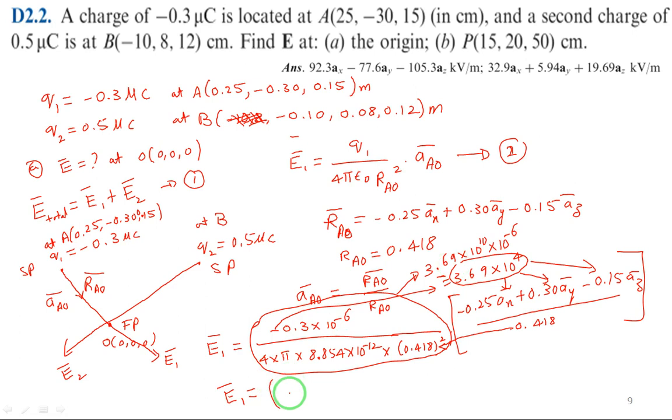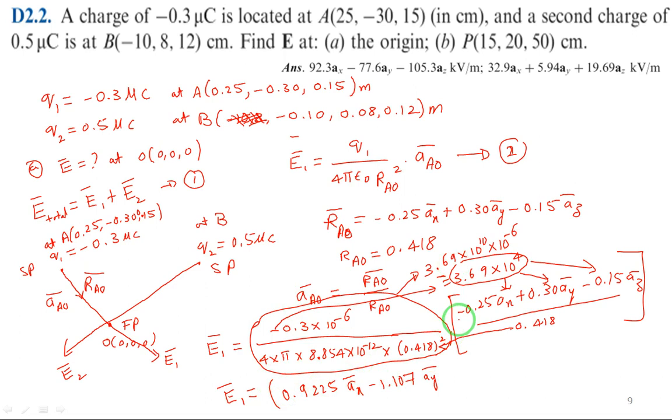So I will put the bracket, 0.9225 ax. Then next minus 0.369 into second term, ay component is 0.30, so I am getting minus 1.107 ay.